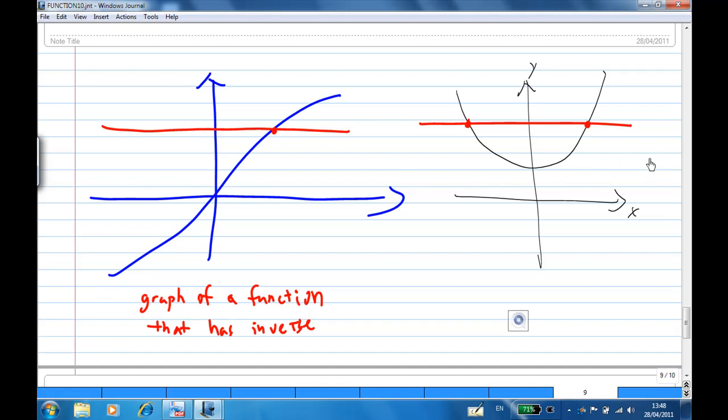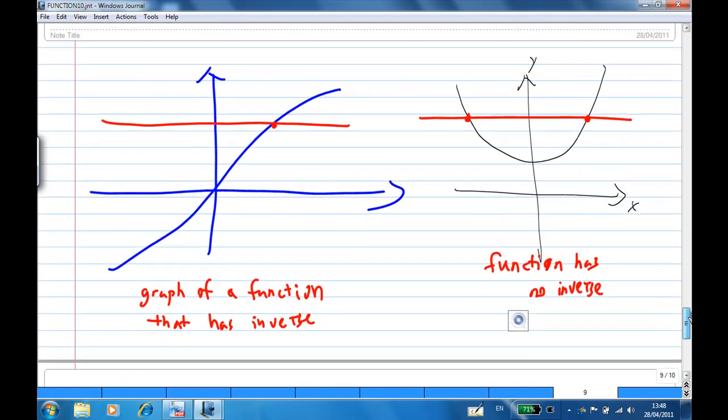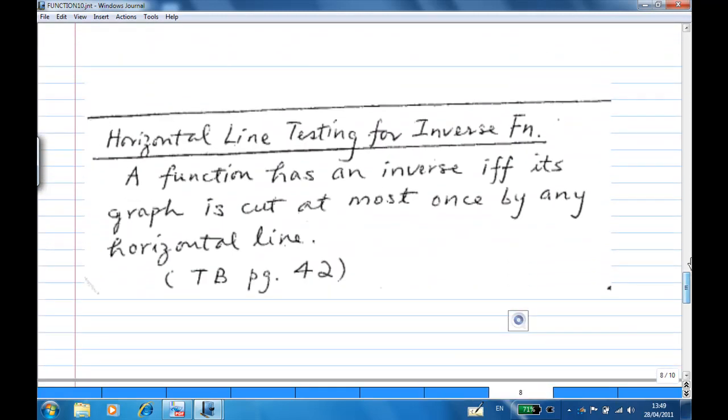It doesn't intersect the curve at all. Then this is the graph of a function that has no inverse. Alright, so this particular function has no inverse, because for a function to have an inverse, you can apply the horizontal line test that the graph is cut at most once by any horizontal line.